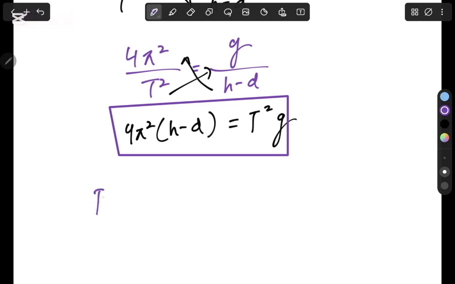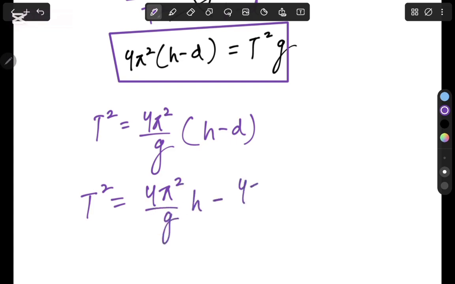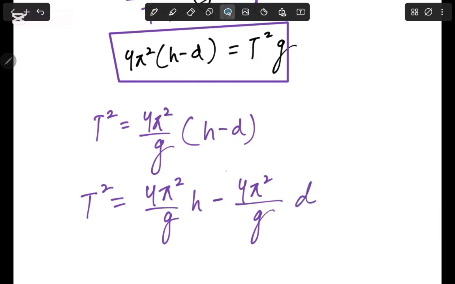So we can say T² is equal to 4π² over g times (h minus t). And now I can say T² is equal to 4π²h over g minus 4π² t over g. Okay? So yeah, that makes sense.